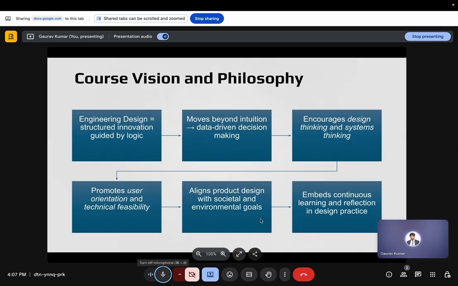Finally, the philosophy is reflective practice. We institutionalize learning by documenting rationale, testing assumptions, and updating models. Reflection after each iteration sharpens judgment and accelerates progress.